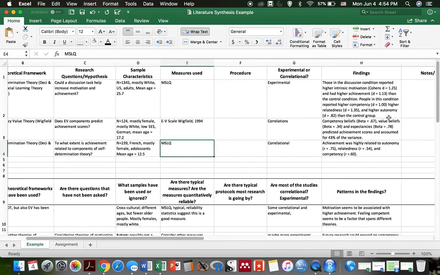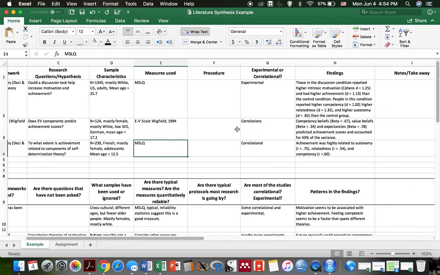Let's say they did a correlation, and this is good for you to understand the difference between correlation and experiment. Let's say they actually did a correlation, but when they mention their findings, they make a causal claim, like this causes that. Then you'll understand, okay, I gotta be careful. I can't really say that this causes that because they only did a correlational study.